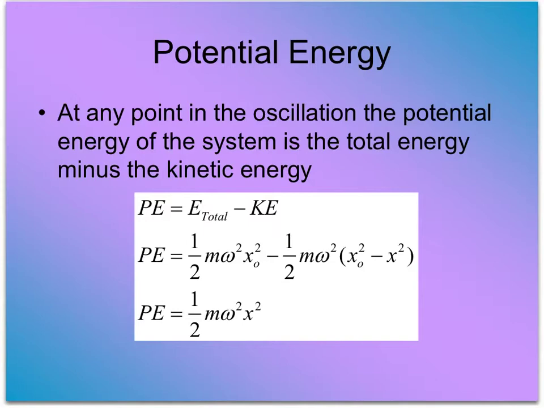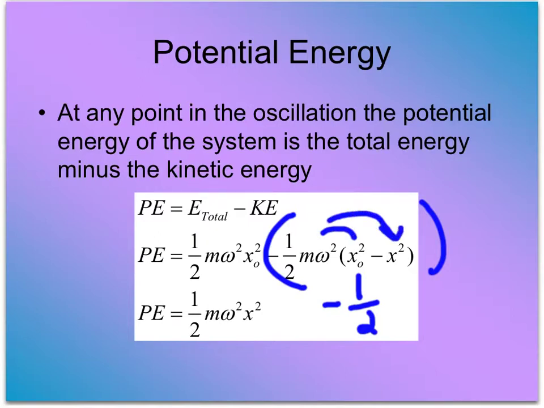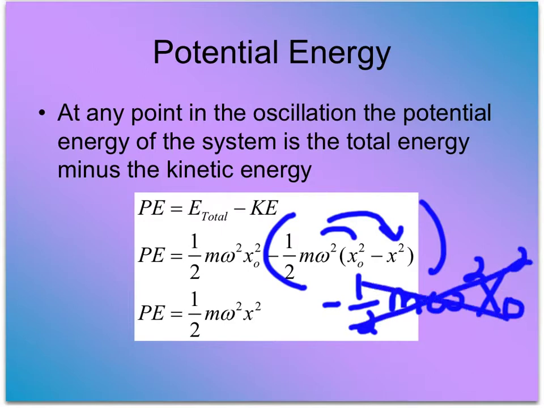And the reason for this is because this part here becomes minus 1/2. If we distribute this through, we get minus 1/2 m omega squared x sub 0 squared, which cancels out with this.